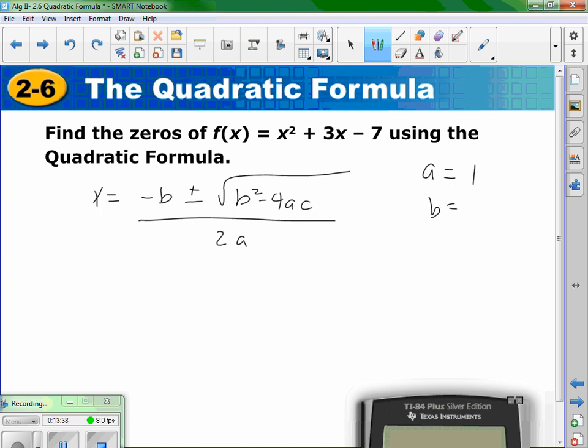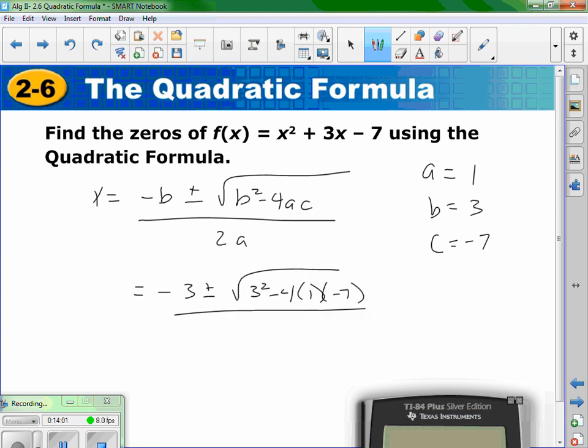B is 3. C is negative 7. Now let's just substitute in. Negative, what's B? 3 plus or minus the square root of 3 squared minus 4, 1, negative 7 over 2 times 1.